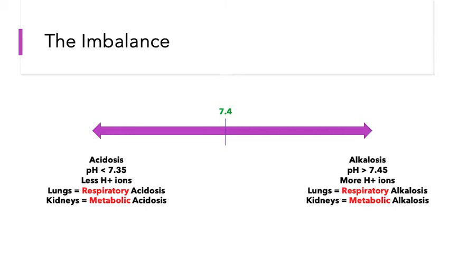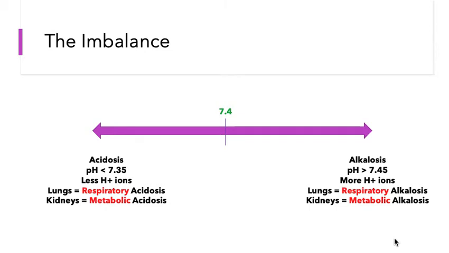Similarly, if it's related to the kidney, we call it metabolic acidosis. On the other part of the spectrum, if the pH is greater than 7.4 or greater than 7.45, we consider the blood to be alkalotic.